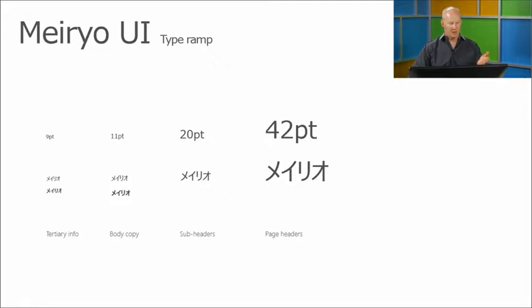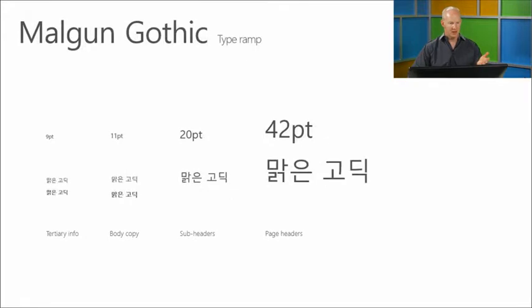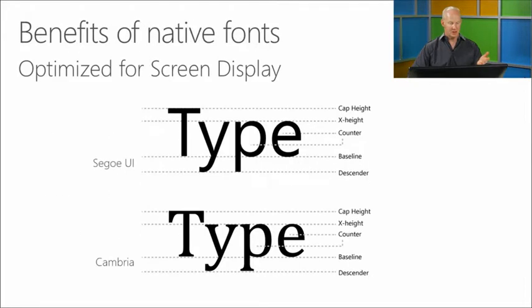And you can see that we have a bunch of different fonts that we're shipping to be used in various languages and have all the benefits of the native fonts built into each individual font. These fonts are optimized for screen display as far as their cap height and their x-height and the counter and the baseline and the descender. And whether it's a serif font or a sans serif font, again, all this was tuned to make it look incredibly crisp and incredibly clear using the typography engine of Windows.